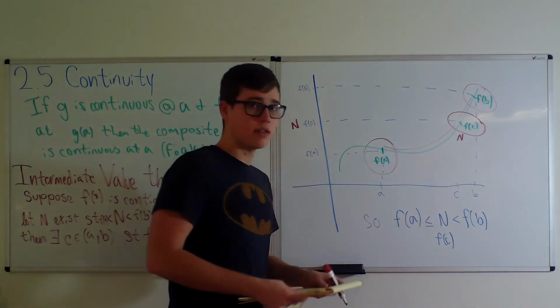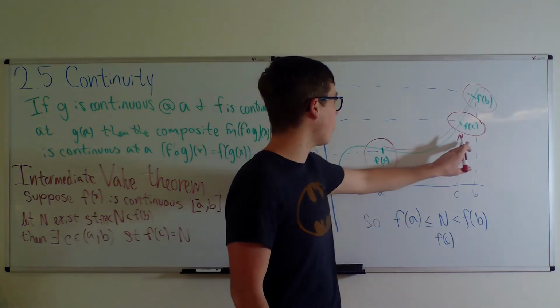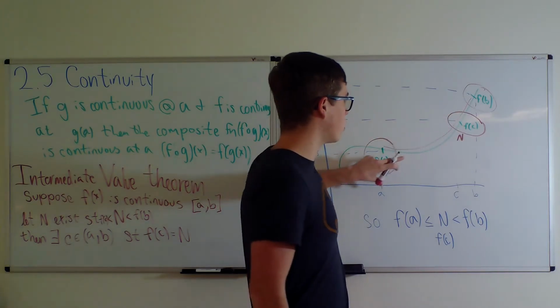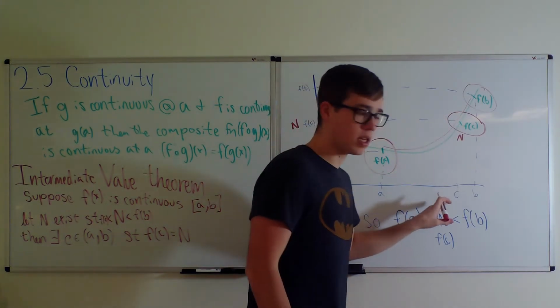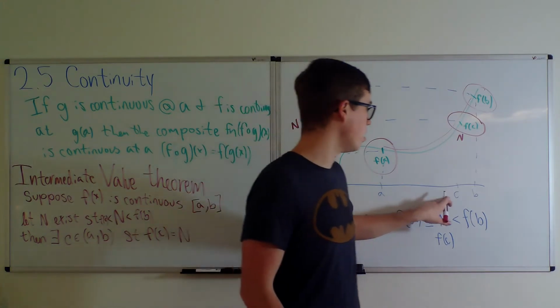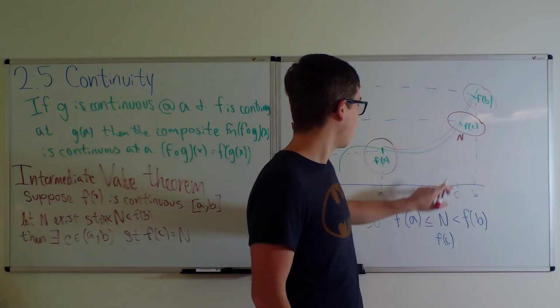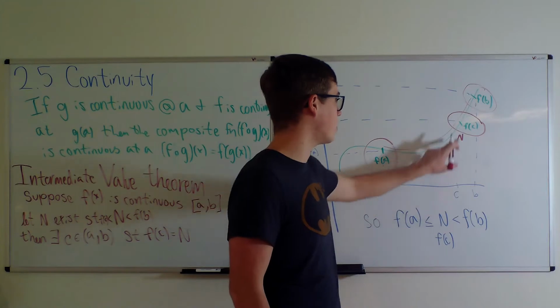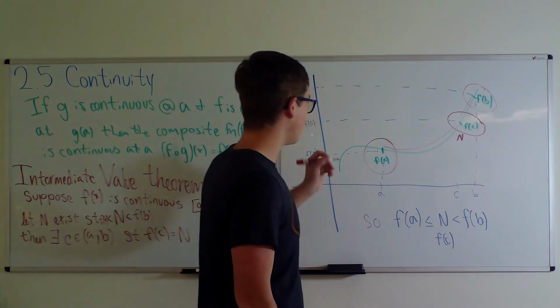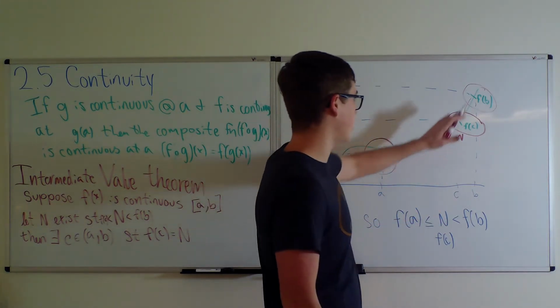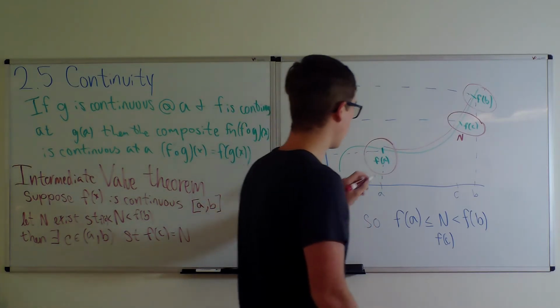So that means that n is in between these two. That means there has to be a c where f of c equals n, because it's continuous, right?